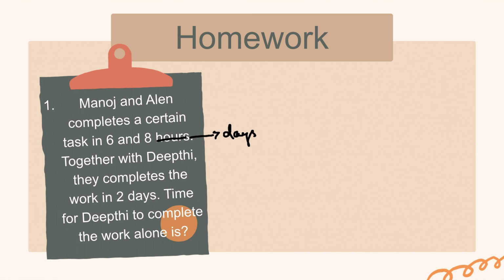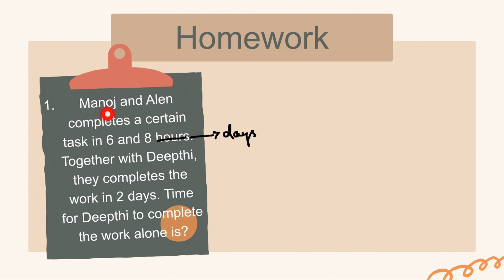Together with Deepthi, they complete the work in 2 days. So time for Deepthi to complete the work alone. Okay, Manoj takes 6 days, Alan takes 8 days. And if Deepthi is coming, we don't know how much time Deepthi alone will take to complete the work. But it is given that Manoj, Alan and Deepthi, the 3 of them together, take 2 days to complete the work.